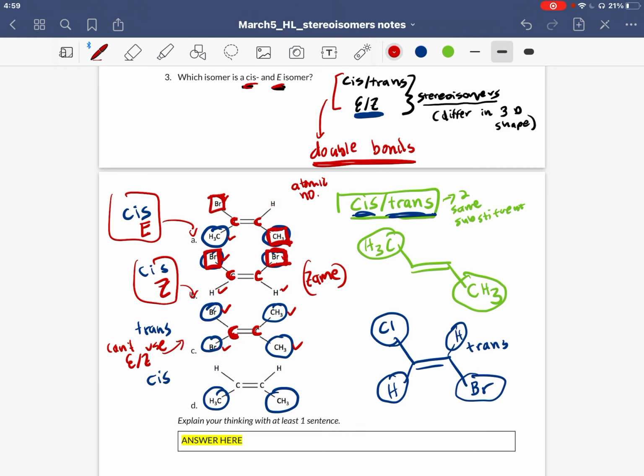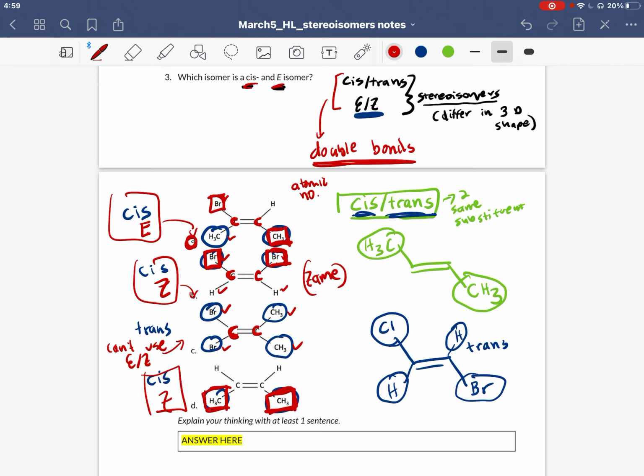The only thing that I could use would be trans. And D, well, I have the methyl groups on the same side. I also have my higher priorities in the CH3s, and so this would be another example of cis and Z. So the only example of cis and E I have is A.